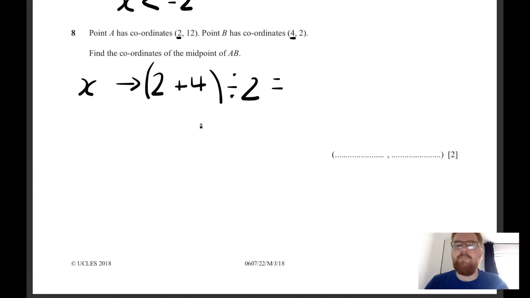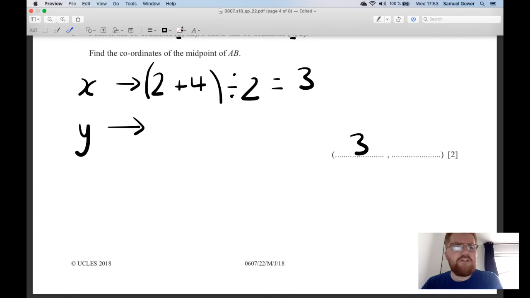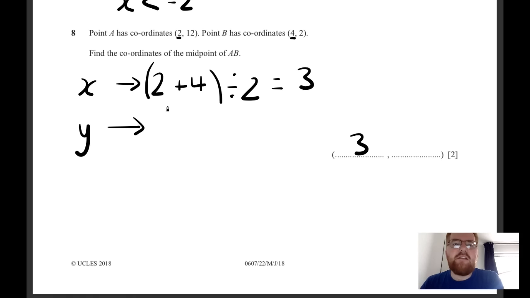And I'm sure we see 4 plus 2 is 6. 6 divided by 2 is 3. So that's the x-coordinate of our midpoint. So that can go here. And then we do y in exactly the same way. So let me change pen colour. So we take the 12 this time and the 2, and we do the same process.